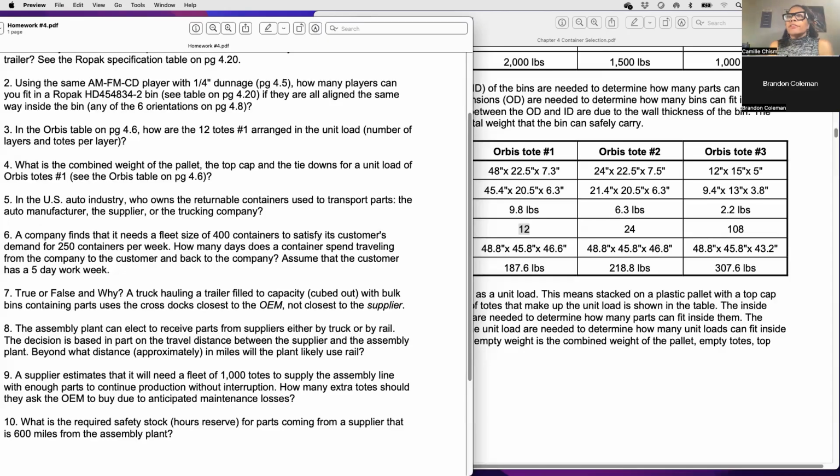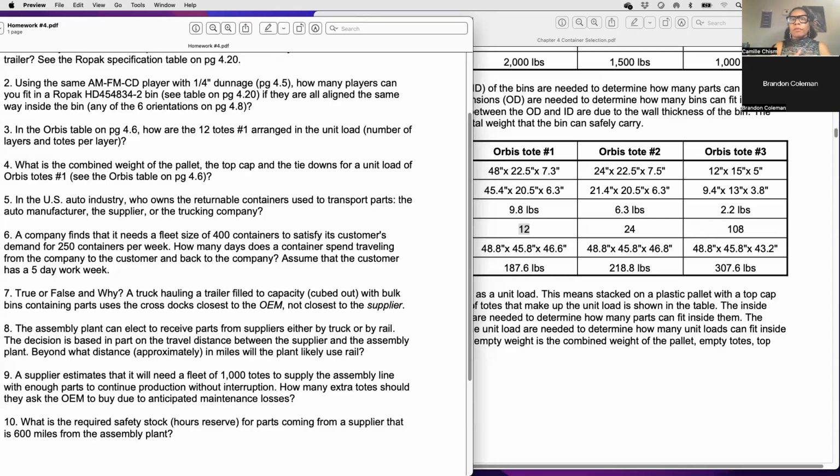Okay, number 7, true or false, and why? If a truck is hauling a trailer filled to capacity, which is cubed out, so we talked about weighting out, but we know that it's going to cube out if it's not over the weight capacity. It doesn't go past that 45,000 pounds, but the whole truck is full.